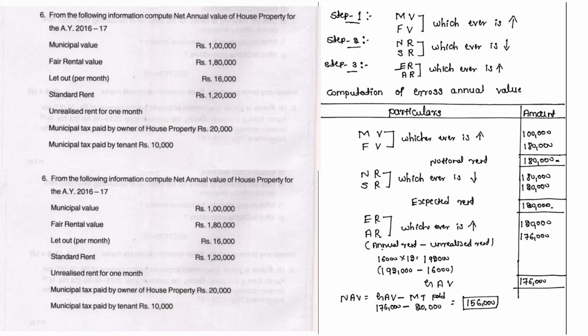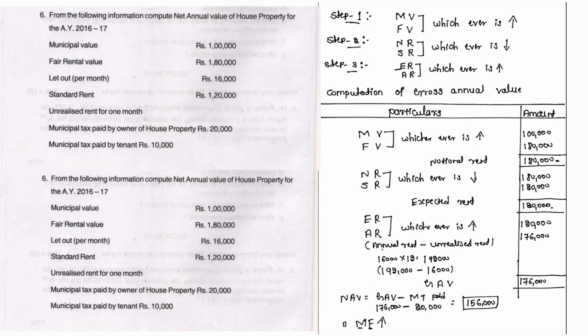So to remember this format, I'll tell you one trick. Step number 1, MF, that is municipal value and fair rental value, whichever is higher.